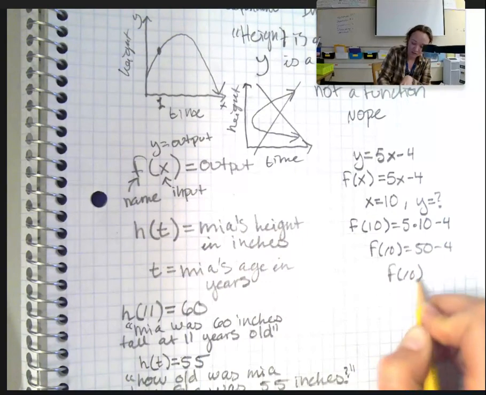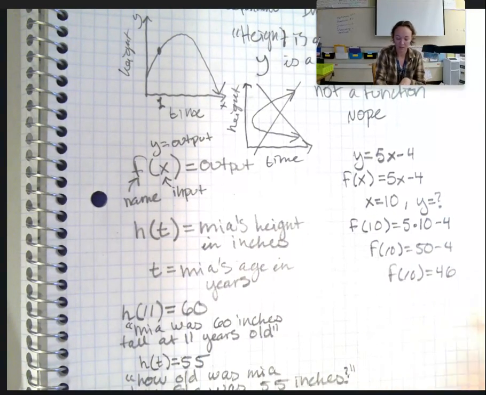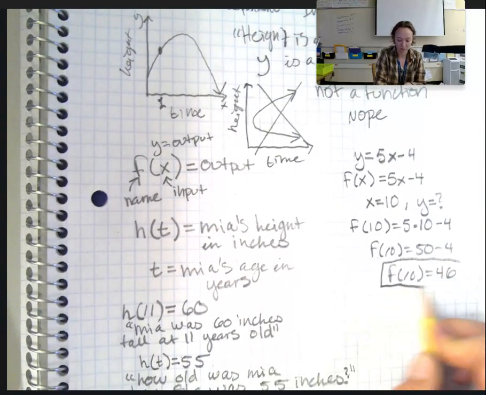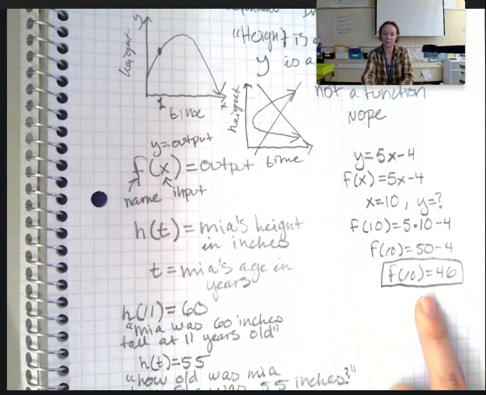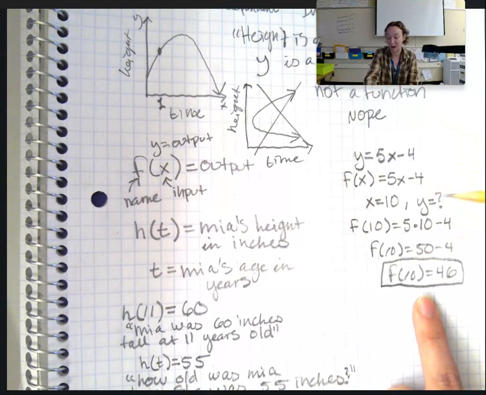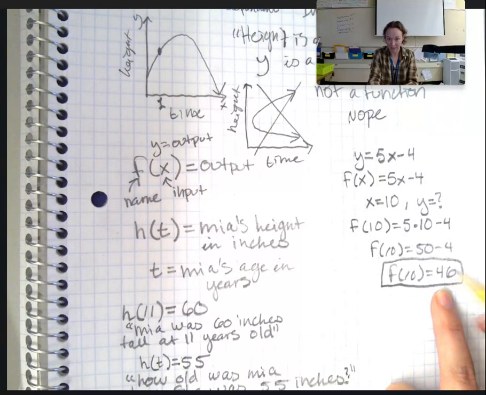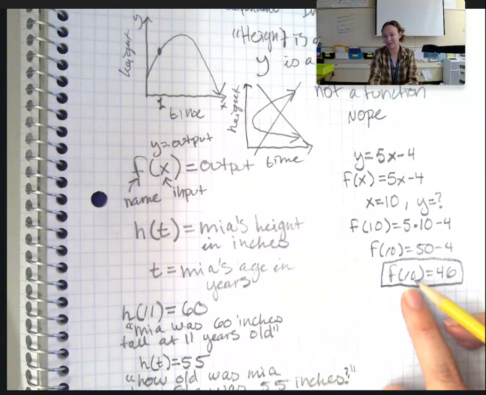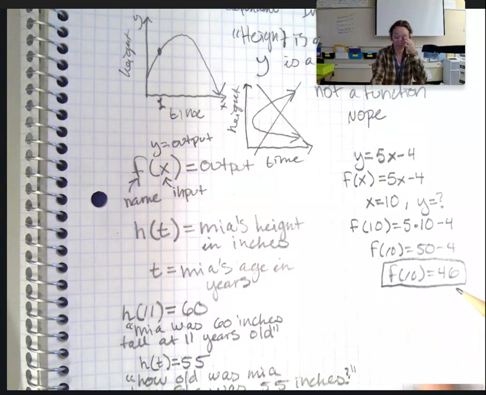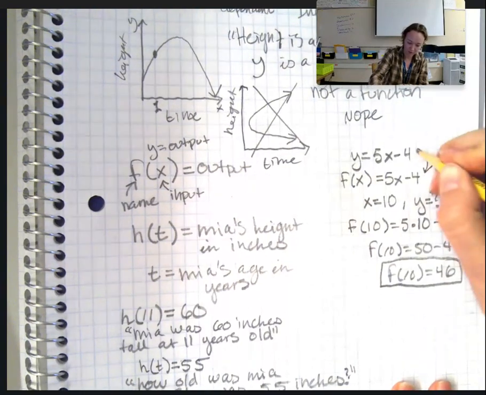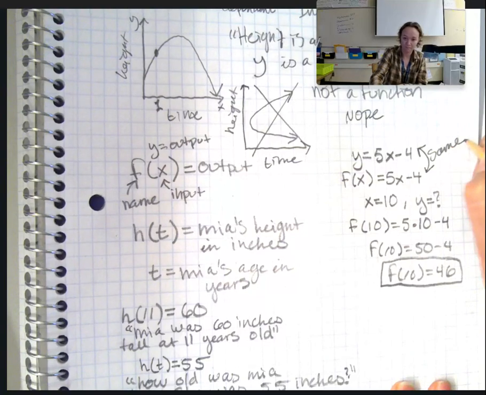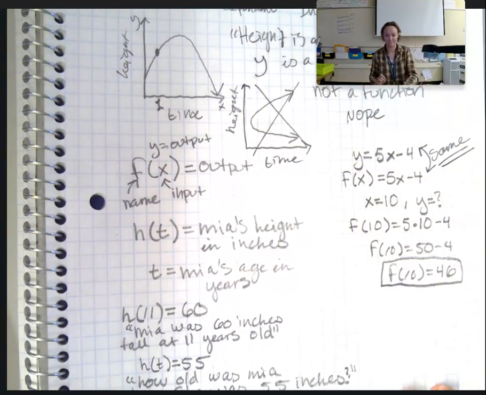So f of 10 equals 46. And so that would be my answer. Right? So you can see how, compared with just finding a y output, the 46 is my y, that is my output, but you can still see the input as part of the phrase. So it's a helpful way to write things. All right. And just to be very clear, these are the same. Okay.